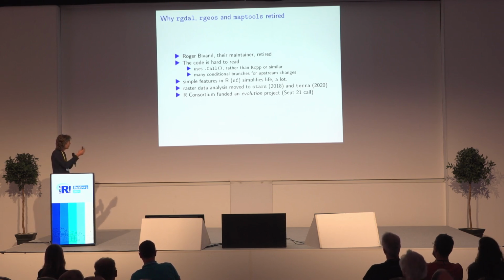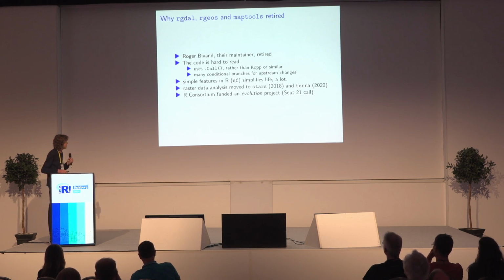It uses the older .Call interface to R, which of course works, but it's pretty much a nightmare to work with if you ever touched something like Rcpp or similar C++11. There's a lot of code written for upstream changes, so there are endless conditional branches in the C code for changes in the upstream libraries.